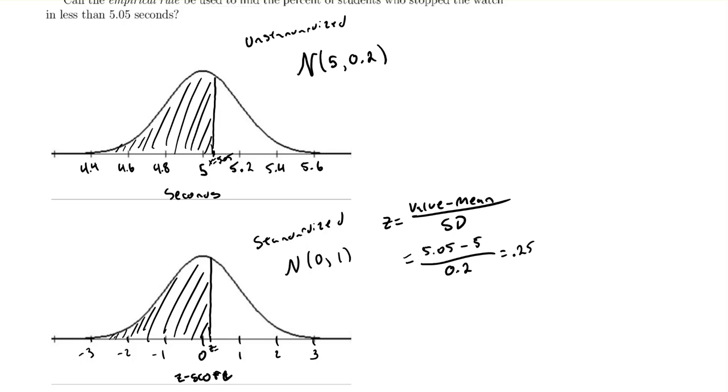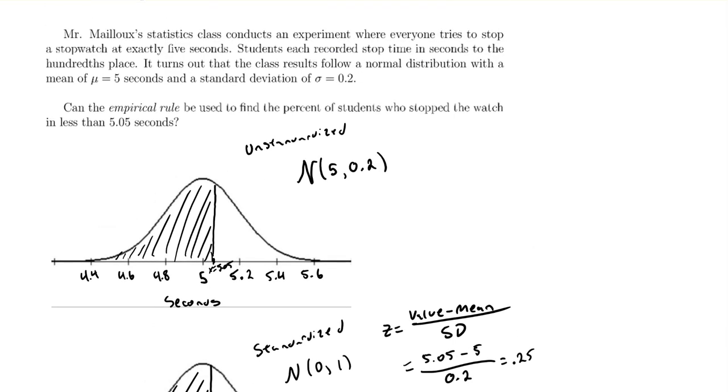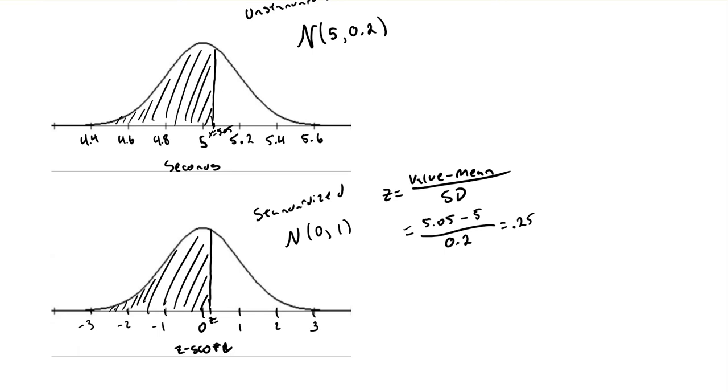And that makes exact sense. Like I said, we knew here that 5.05 seconds is just a quarter of a standard deviation away from our mean of 5. And since that's above our mean, it's positive. Our z-score is exactly just how far above or below the mean you are in terms of standard deviations. So we get that there.